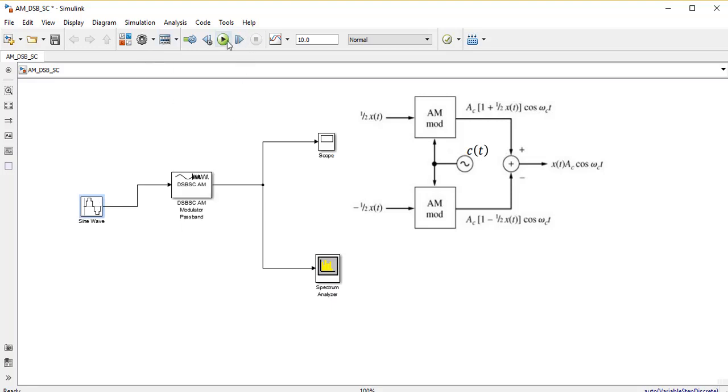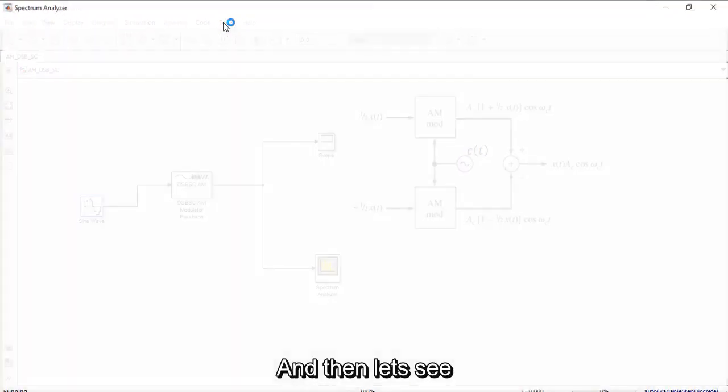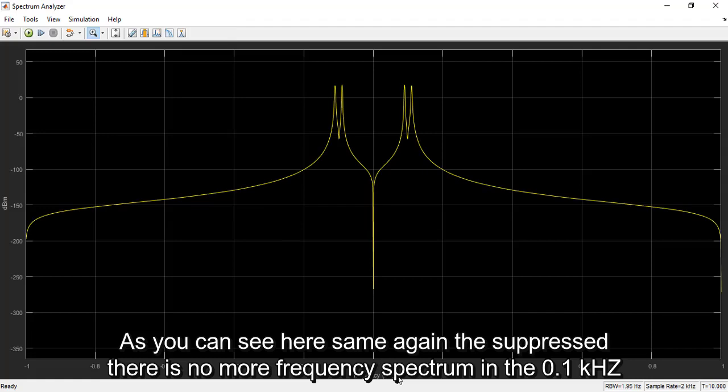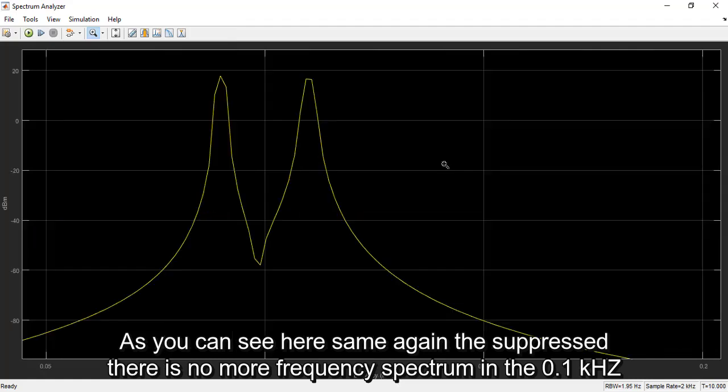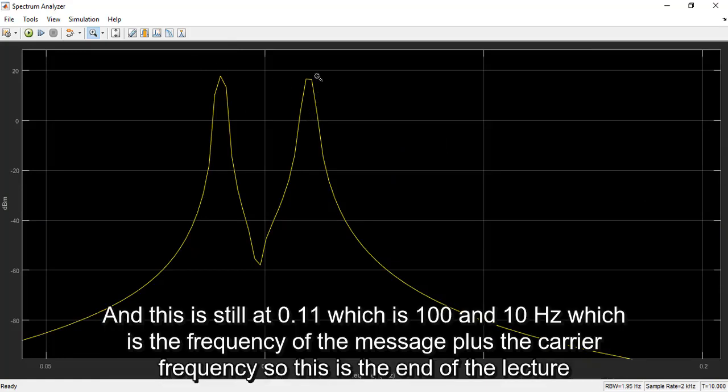Let's run it and let's see. As we can see here, same again, the carrier is suppressed. There is no more frequency spectrum at 0.1 kilohertz, and this is still at 0.11, which is 110 hertz, which is the frequency of the message plus the carrier frequency.